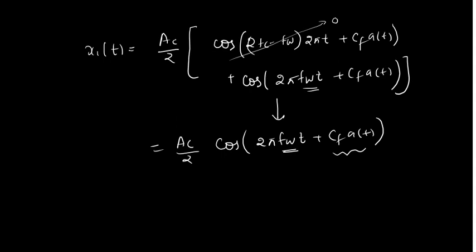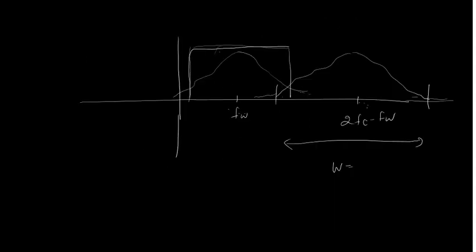So if the bandwidth is W, we have to make sure that Fw plus W is less than 2Fc minus Fw plus this spectrum.